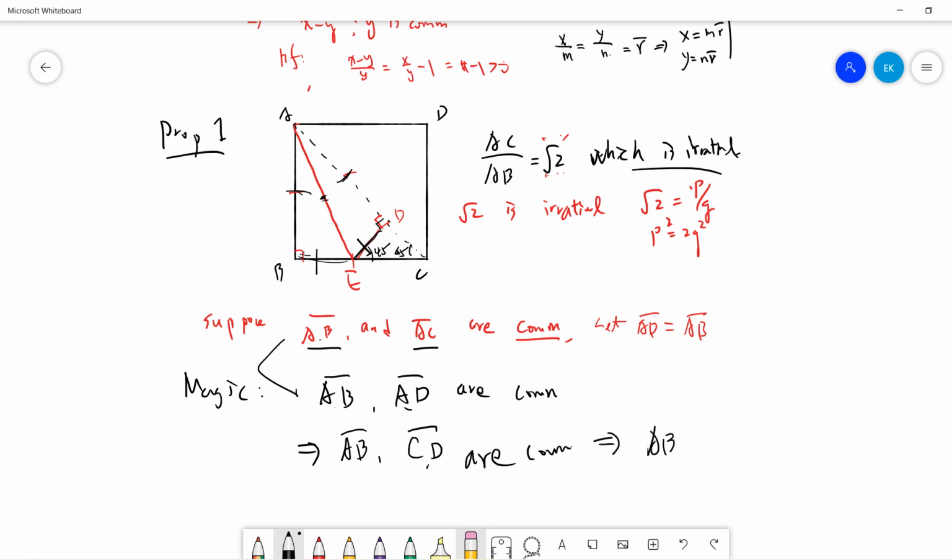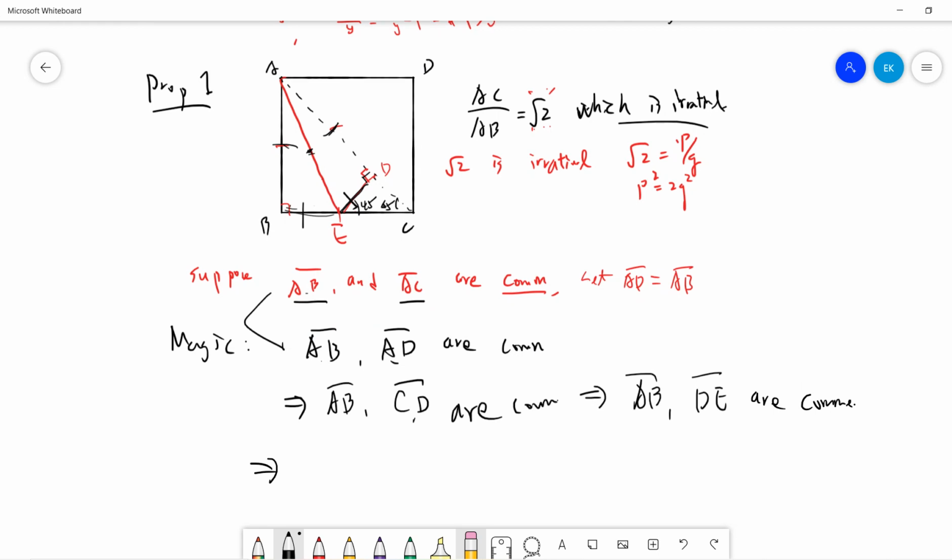So AB and DE are commeasurable. Now we proved that AB and DE are commeasurable, but AB is the same as BC, so BC and DE are commeasurable.